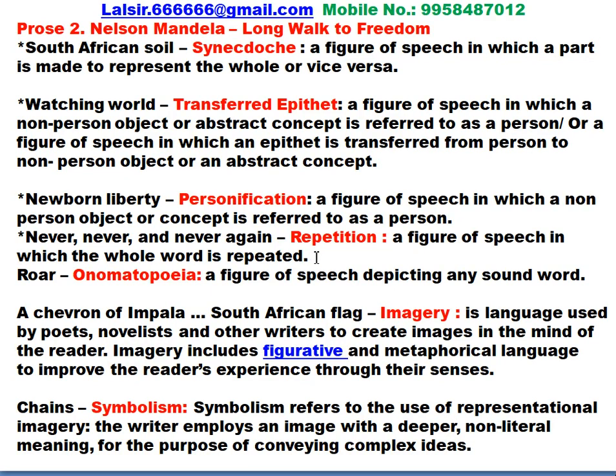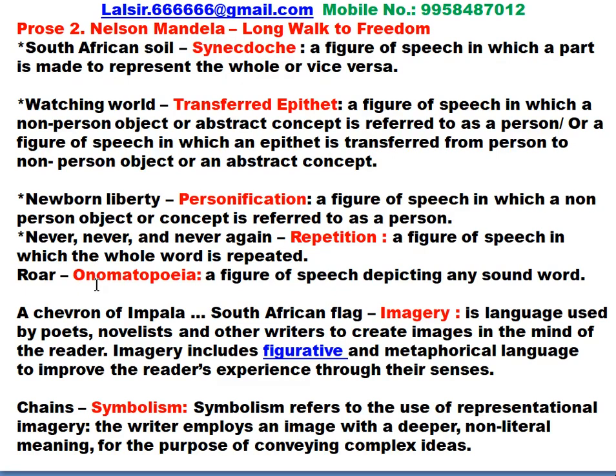Never, and never again. To put an emphasis on a particular sense that is to be delivered, we generally use this. The author has used it very beautifully. Repetition is a figure of speech in which the whole word is repeated. For example, Samuel Taylor Coleridge uses water, water everywhere. So again, it is repetition. Never is repetition.